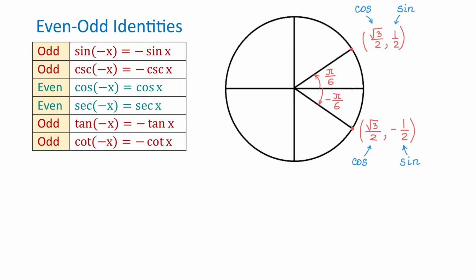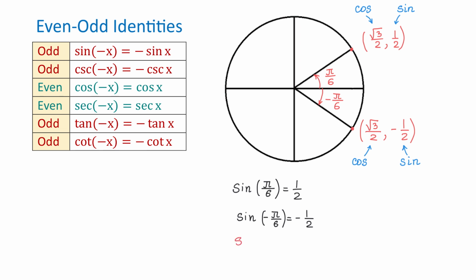So we can say that sine of pi over 6 is 1/2. So I will write that sine of pi over 6 equals 1/2. Now sine of negative pi over 6 is negative 1/2. So let's write that sine of negative pi over 6 equals negative 1/2.